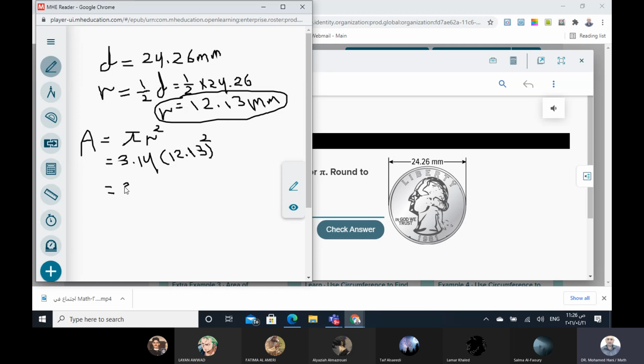So now we have 3.14 times 12.13 squared, which means you have 12.13 times 12.13.